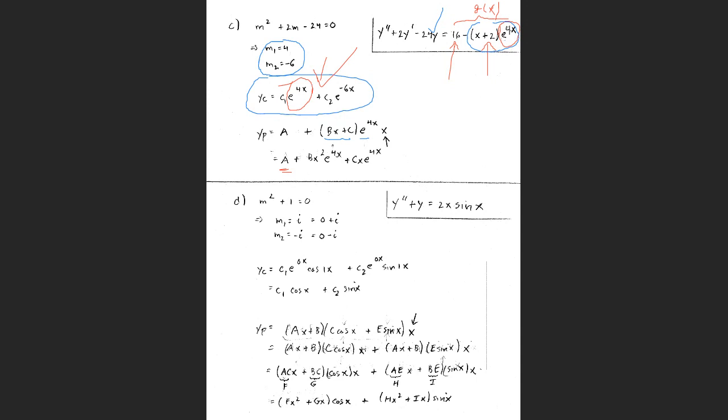But when you distribute e to the 4x to the bx plus c, you're going to have a constant times e to the 4x, a repeat. So you have to put in an x to account for that. You see how this works?